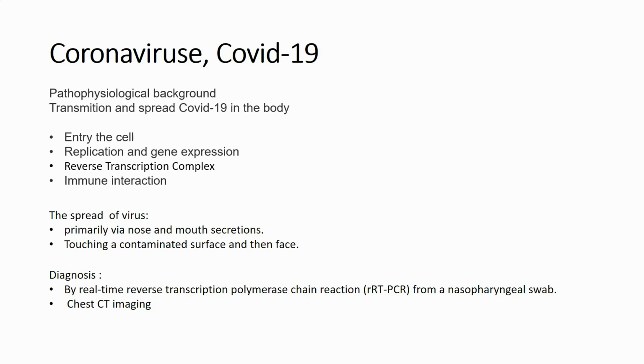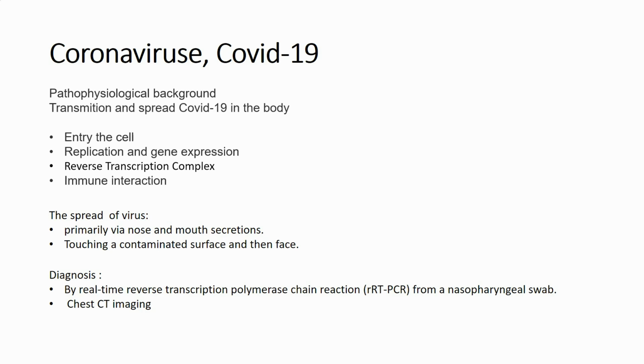The most important pathophysiological background of this disease, which I will try to explain, is how this virus enters the cell. It is one of the important things which helps choose the best type of treatment, because after the genome enters the cell, the process of replication and gene expression is important, because it can affect the host cell genome. And the last step, the reverse transcription complex, helps the proliferation of the virus.